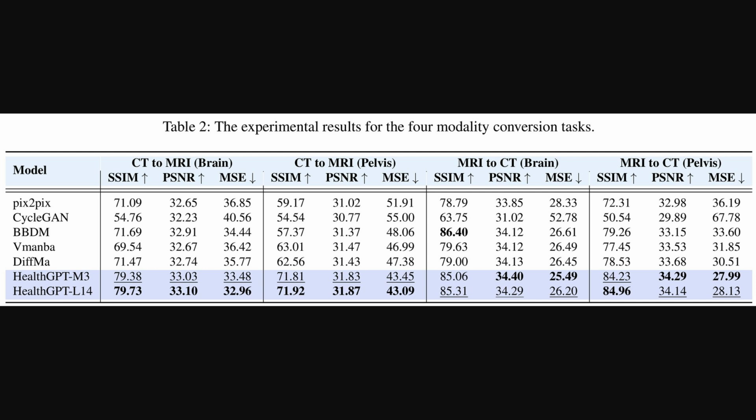You can see HealthGPT generally outperforms the others across these different conversion tasks. For instance, on CT to MRI for the brain, HealthGPT M3 achieves an SSIM score of 79.38, beating methods like PICS, 2PICS pretty clearly. This really backs up the claim that it excels at generation too, not just comprehension.